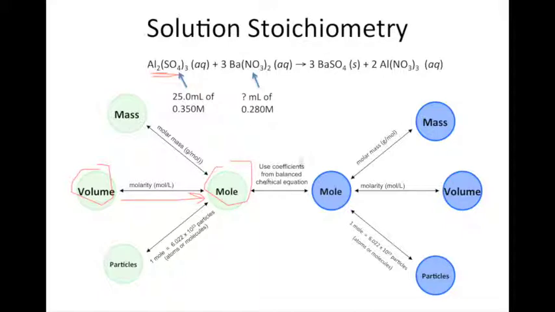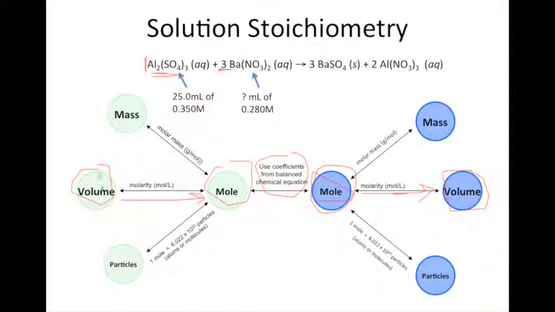Next, we can use our balanced chemical equation coefficients. 1 mole of aluminum sulfate will react with 3 moles of barium nitrate. So use that ratio to convert aluminum sulfate moles into moles of barium nitrate. Now we're asked for milliliters of barium nitrate. That's a volume. So we can use the molarity of barium nitrate to convert our moles into liters, and then we can convert liters into milliliters.